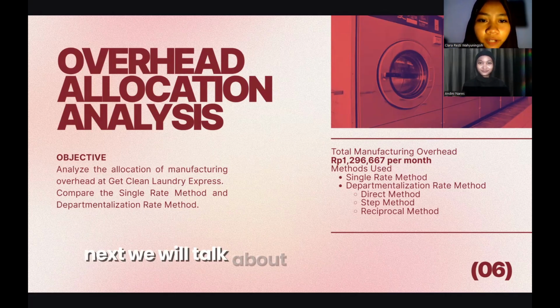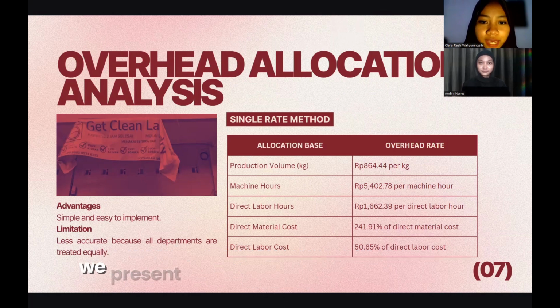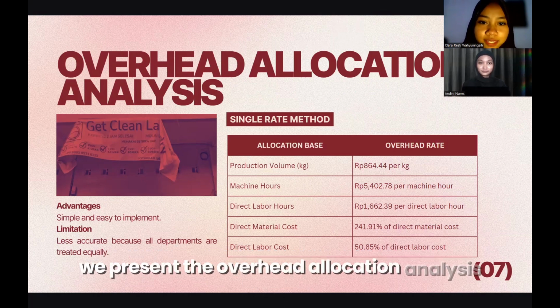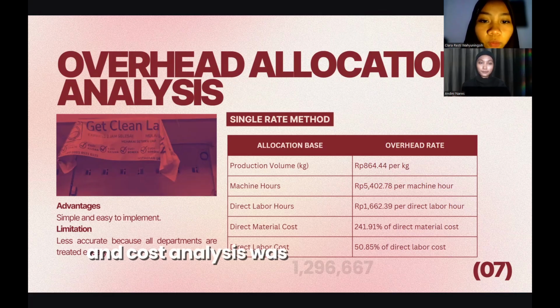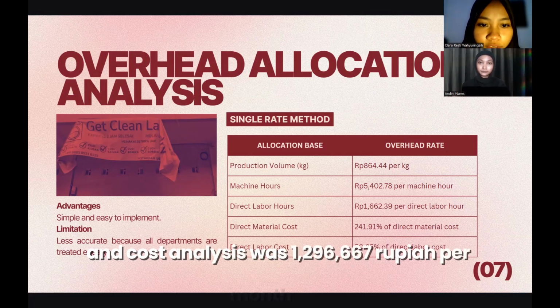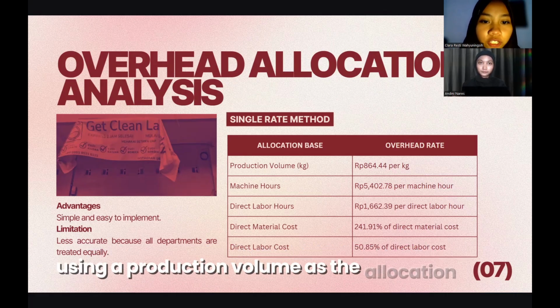Next, we will talk about overhead allocation analysis. So on this slide, we present the overhead allocation analysis using the single rate method. The total manufacturing overhead identified from the interview and cost analysis was 1,296,667 rupiah per month. First, using production volume as the allocation base.